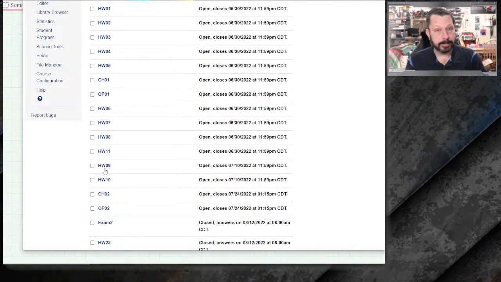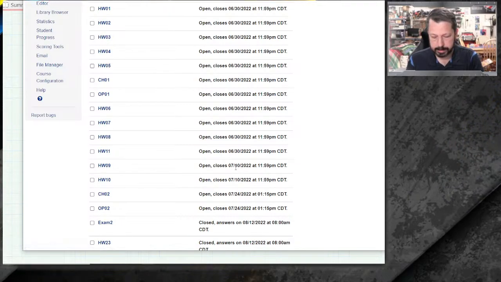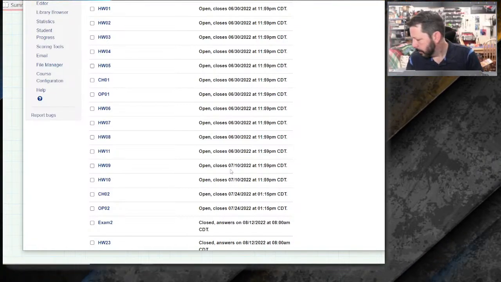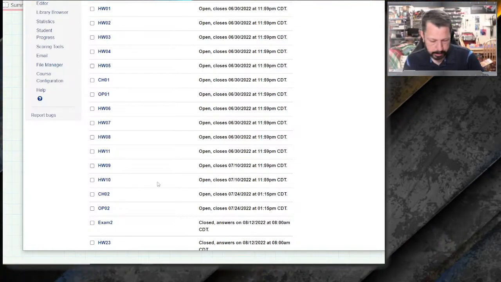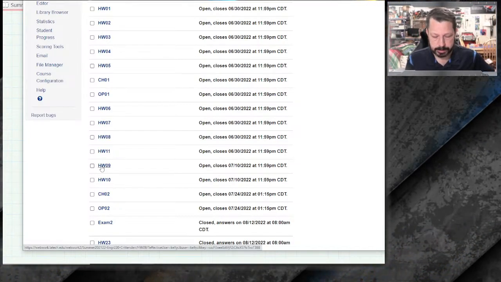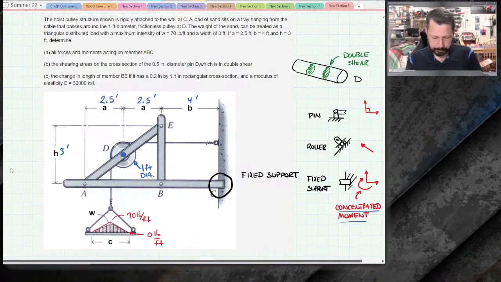Those are relevant now. They're going to be the frames and machines stuff. So they're closing at basically the end of when exam 2 starts, more or less. Those have been open for a while, but they were new stuff, so I told you to skip over them.